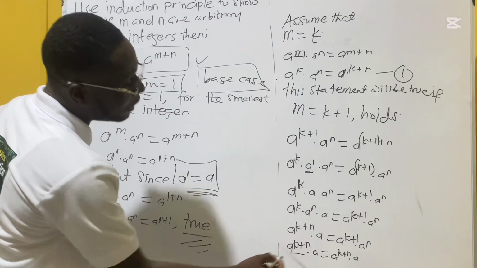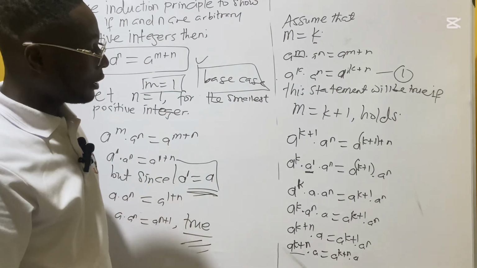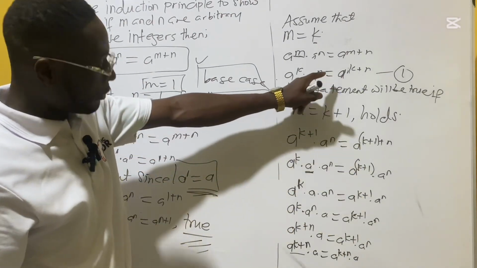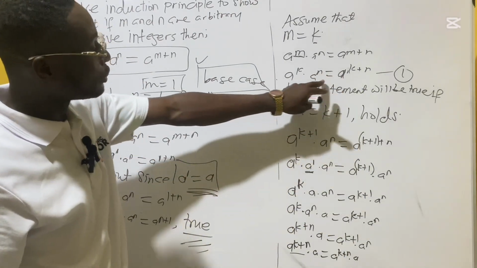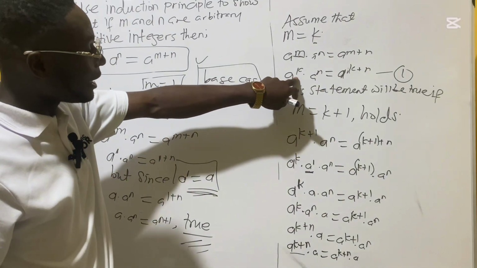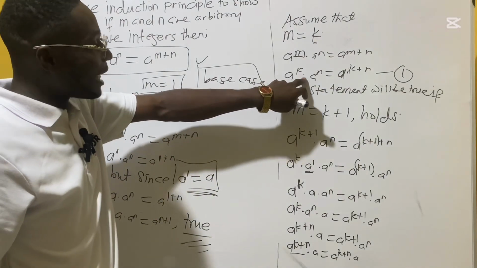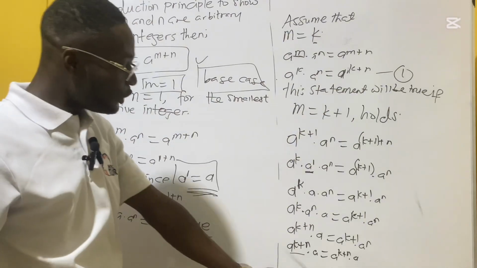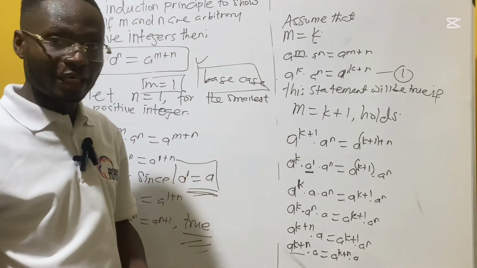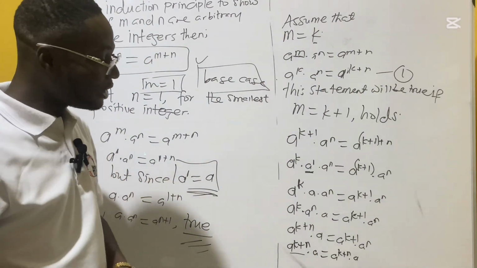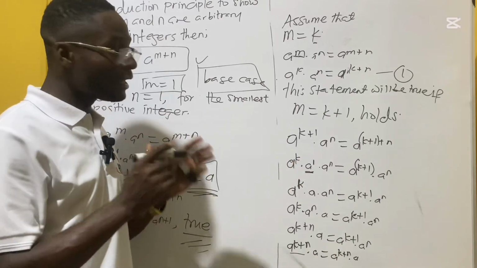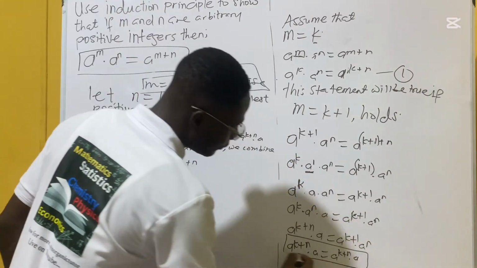We know that a^(k+n) is right here as a^k times a^n. So we do that substitution and we can see clearly that the information is valid for k plus 1.